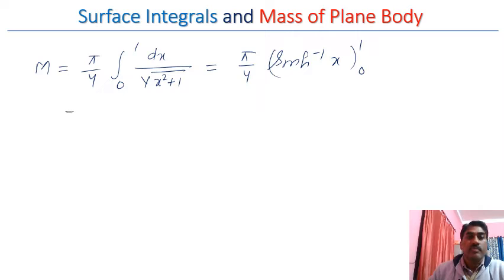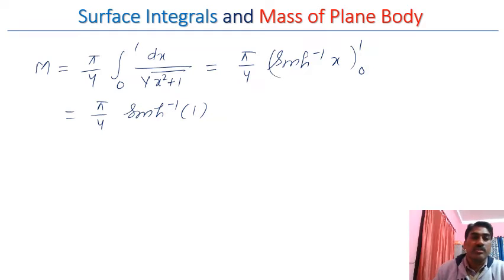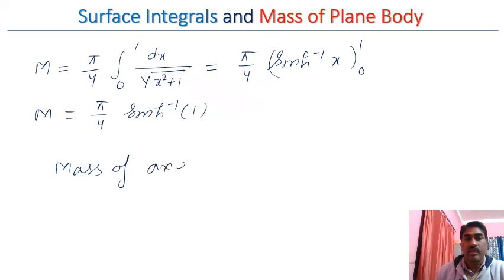So this is pi by 4 sine hyperbolic inverse 1, and at x is equal to 0 sine hyperbolic inverse is 0. So this is the mass. Finally, mass is equal to pi by 4 sine hyperbolic inverse 1.